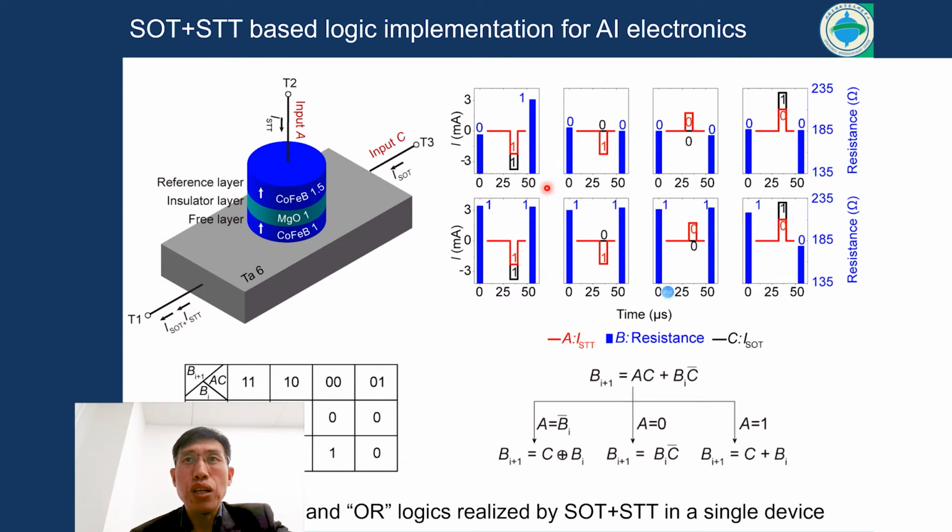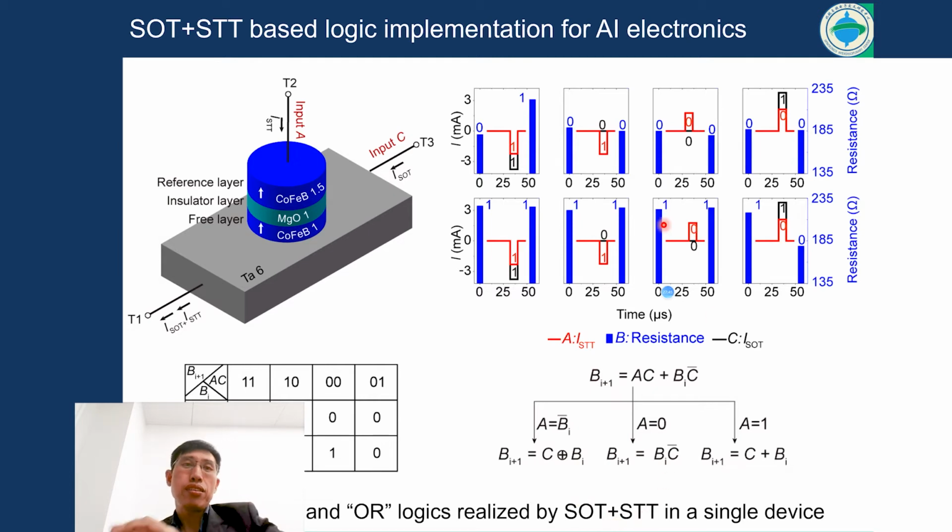Here we show an example of experimental work. We can realize NOR or AND logic realized by SOT plus STT.